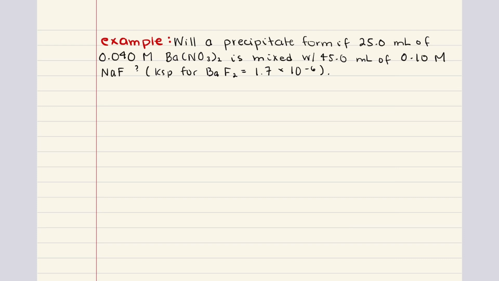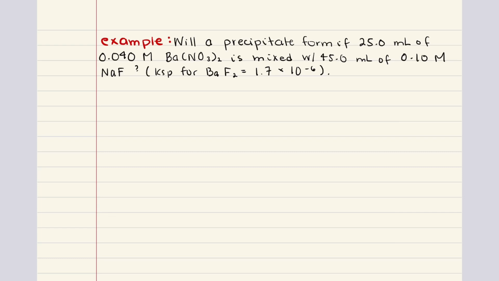This problem asks, will a precipitate form if 25 milliliters of 0.04 molar barium nitrate is mixed with 45 milliliters of 0.1 molar sodium fluoride? And we're given the KSP for barium fluoride, and it's equal to 1.7 times 10 to the negative 6.